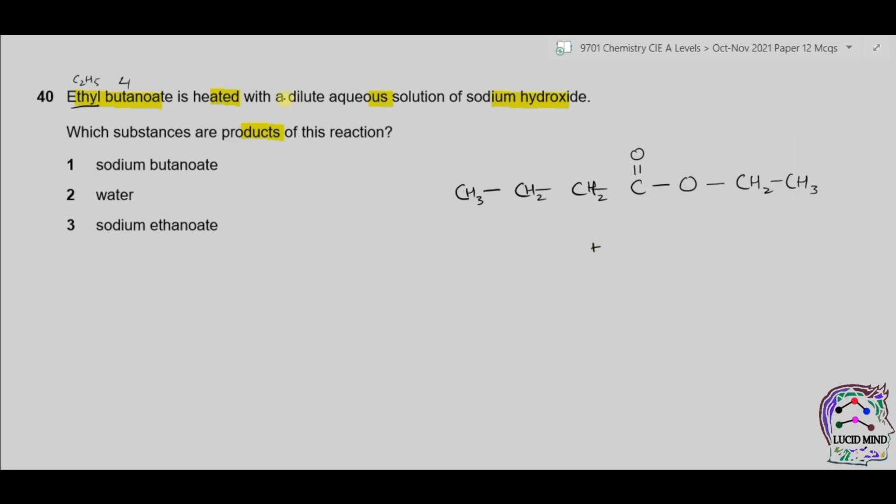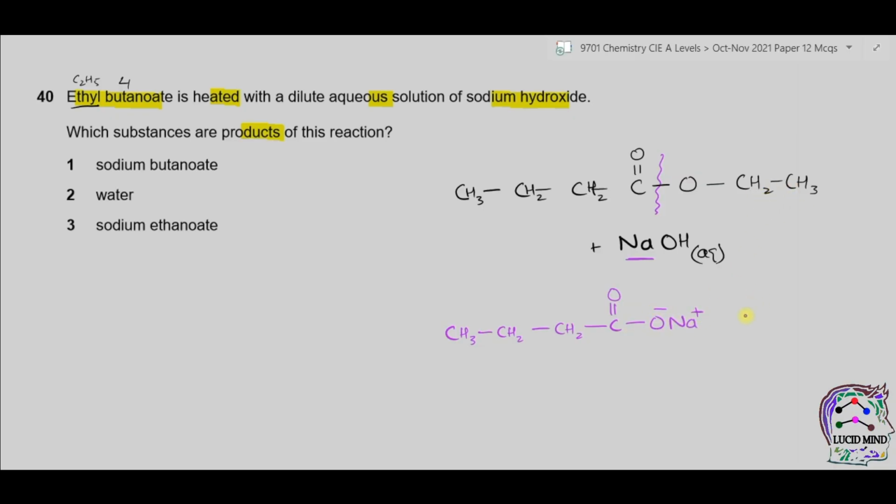Now we are going to react it with dilute aqueous solution of sodium hydroxide. It means alkaline hydrolysis will take place. Upon alkaline hydrolysis, one part is converted into alcohol, while the second part, the carbonyl part, is converted into sodium salt. So the product is like this: CH3, CH2, CH2, COO, Na.